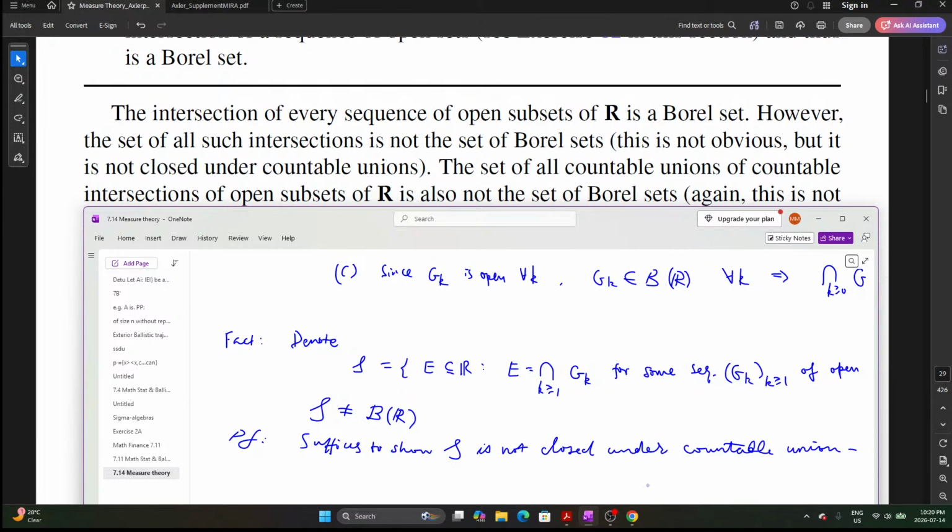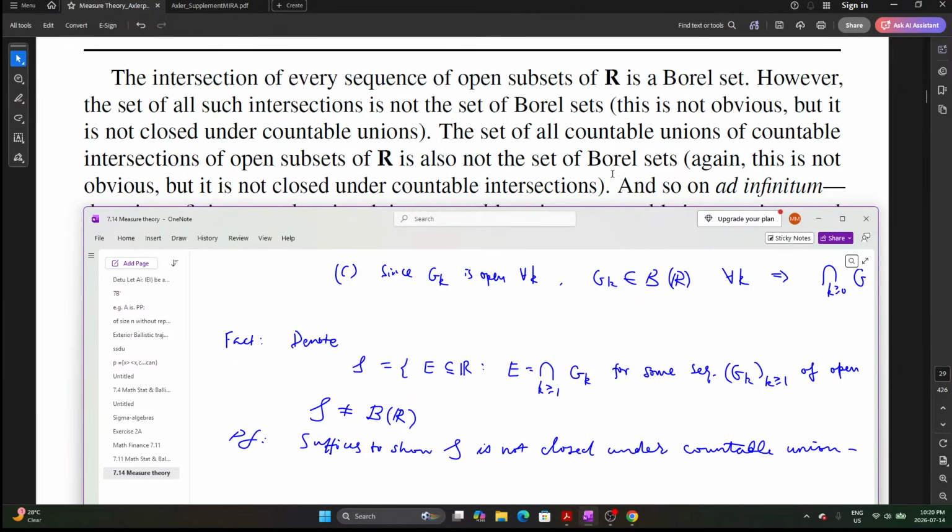Now, the set of all countable unions of countable intersections of open subsets of R is also not the Borel sigma algebra.